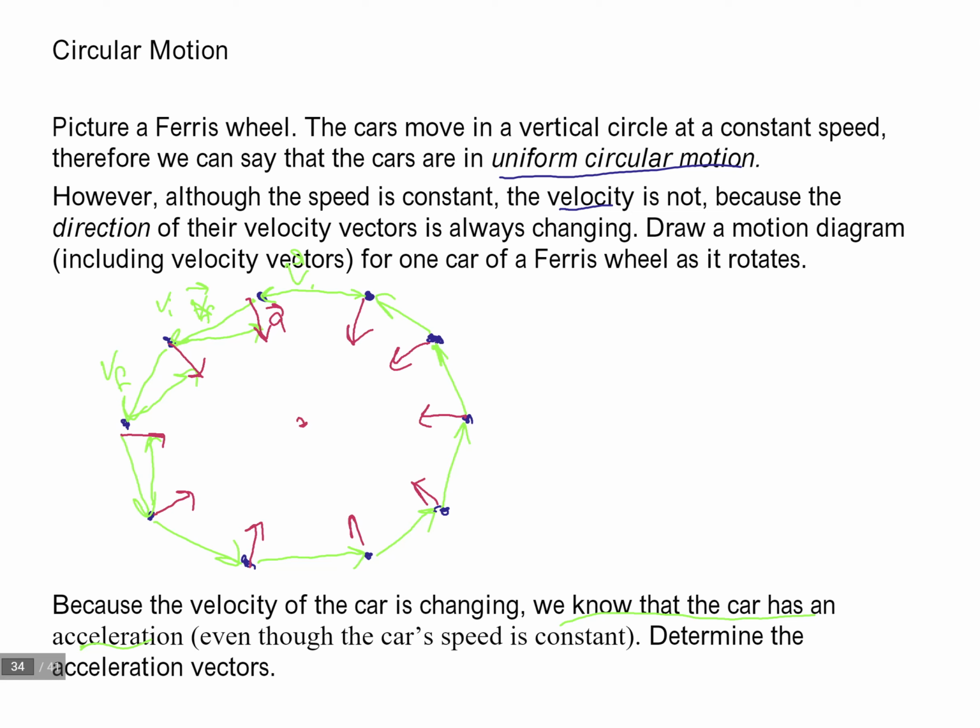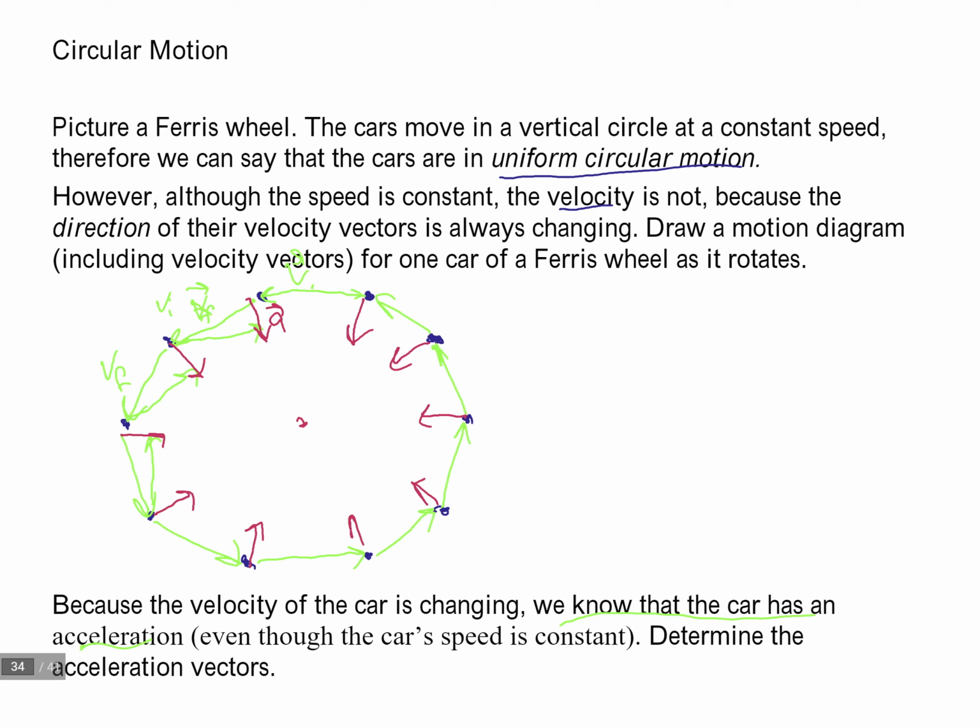It's a very interesting thing that happens here. The acceleration in a circular motion is always pointed directly at the center of the circle, always. So there you go. I think I probably have it in the notes here in a minute.